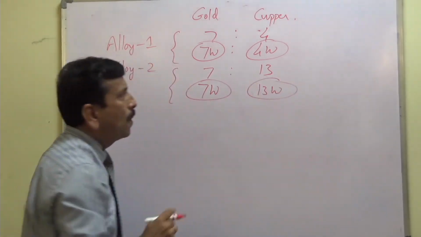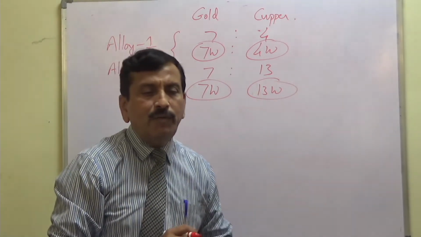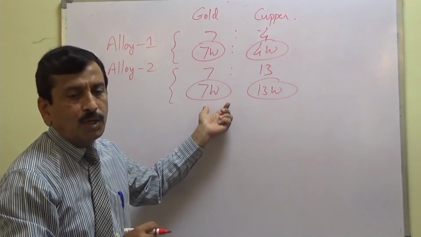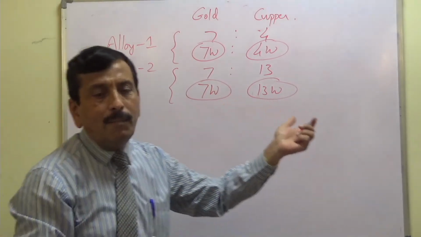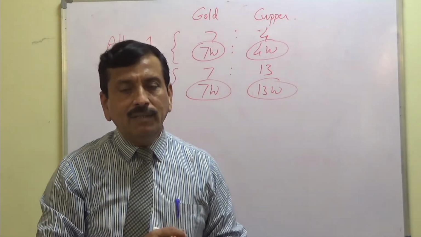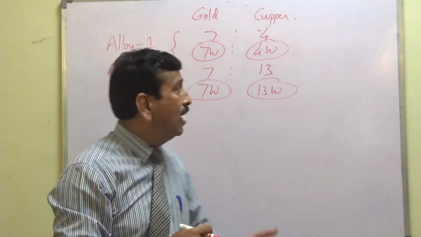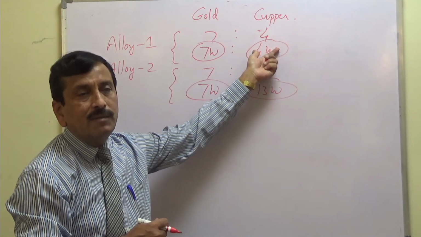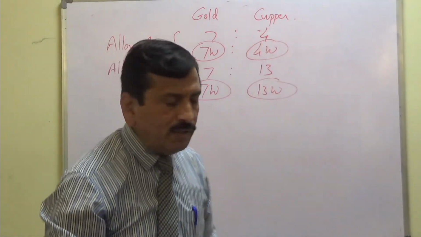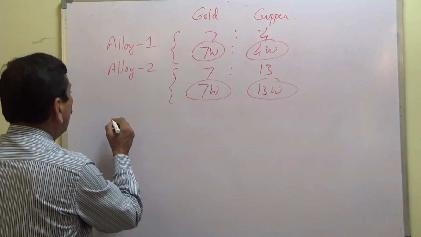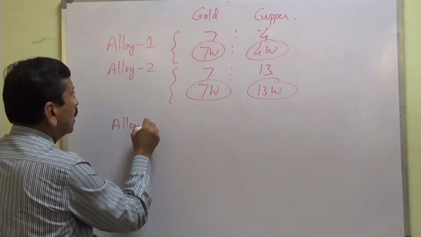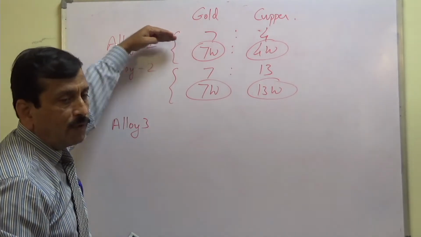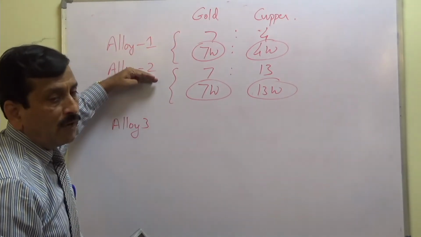13W copper. Now what do we do? Gold to copper is available over here. We get the gold to copper ratio as 7/11 to 4/11. So we get 7W/11 upon 4W/11. Now the total will be this much plus this much, we'll get 11W. Now when we consider alloy 3, alloy 3 will be W kilograms of alloy 1 plus W kilograms of alloy 2.